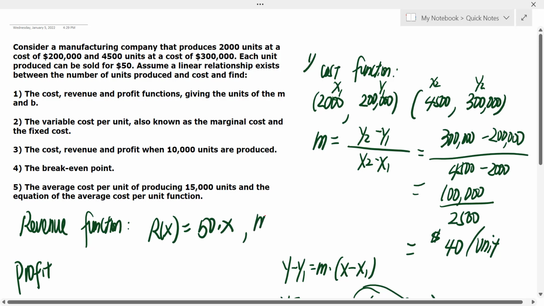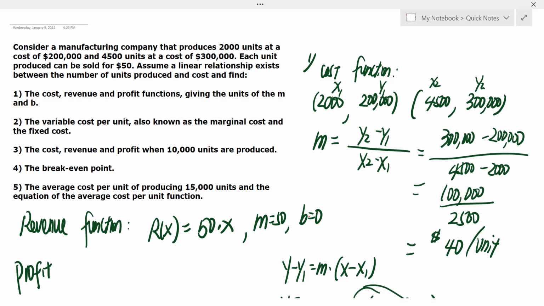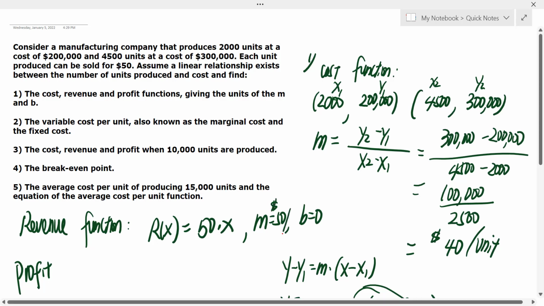So the slope here is 50, and the slope is $50 per unit, right? So this is $50 per unit. The y-intercept is, if it's selling 0 units, you get $0.